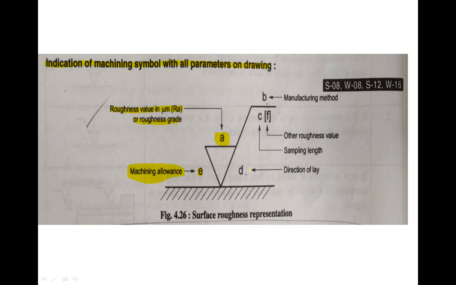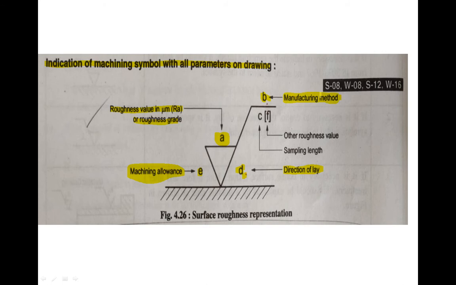On the right side of the triangle, the D, that is the direction of lay, is given. Directions of lay are different: parallel, perpendicular, cross, multidirectional, circular, radial. Then on the horizontal line, the manufacturing method is given. Manufacturing methods are different: milling, turning, machining, drilling, grinding.